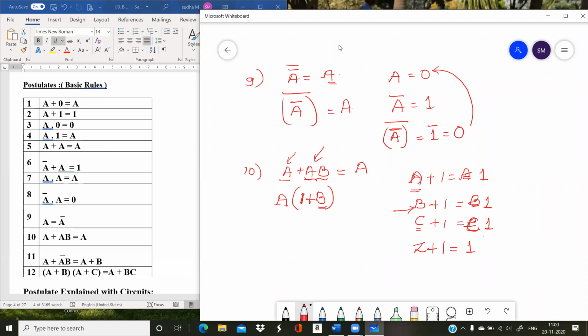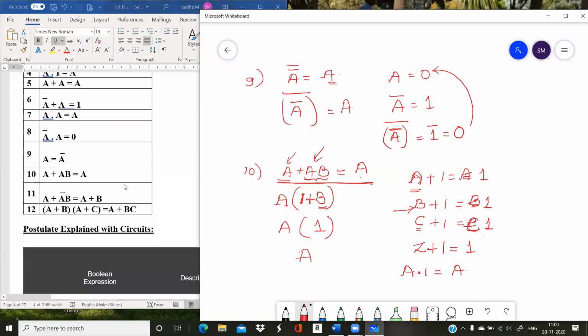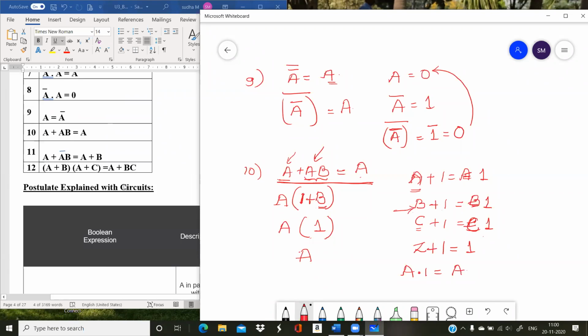Therefore, if you consider this A into 1 plus B, that is A into 1, right? Now A into 1, from the fourth postulate what we have seen, A dot 1 is always equal to A. Therefore we can say A plus AB is always equal to A. Okay, these are some of the postulates which you have to remember in Boolean algebra.